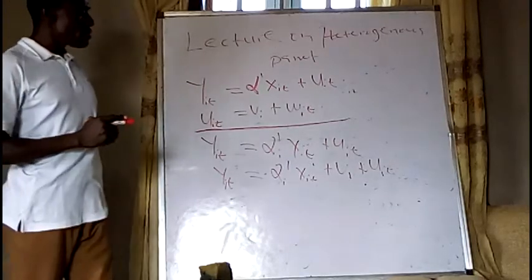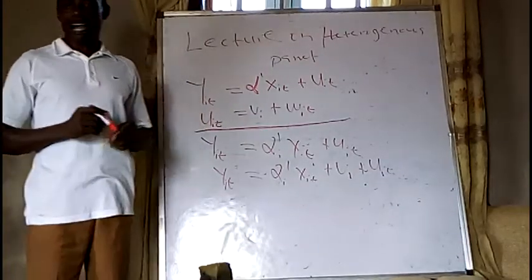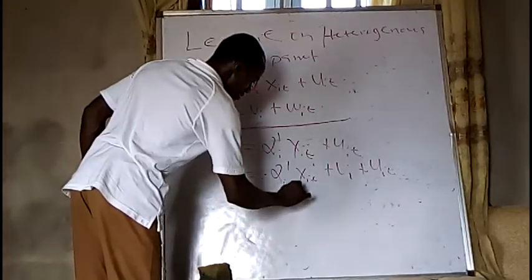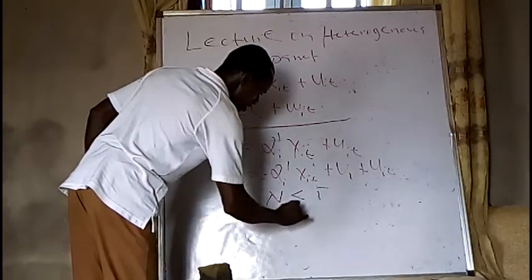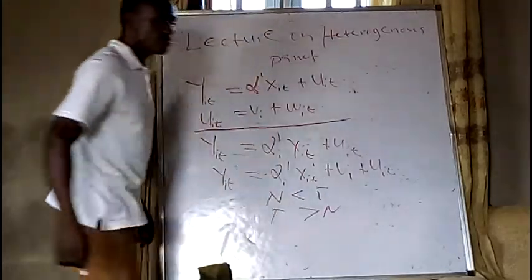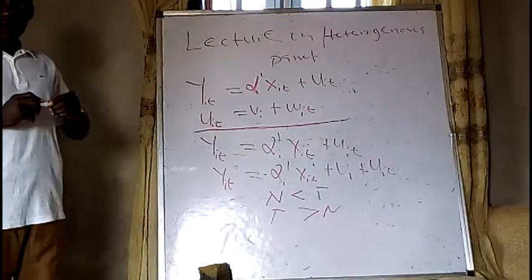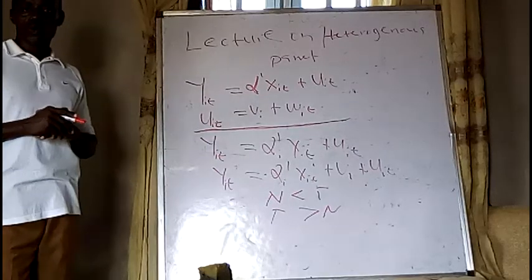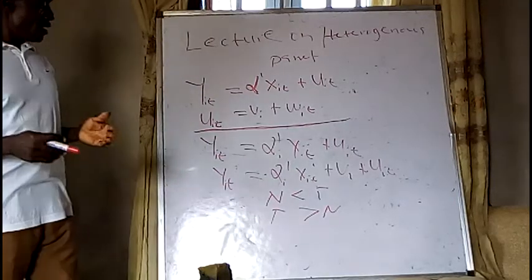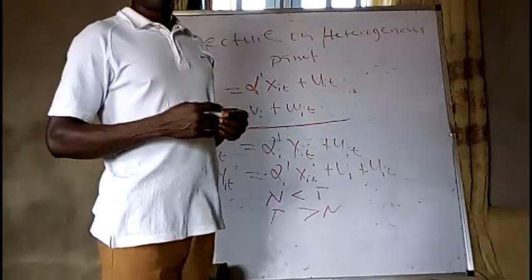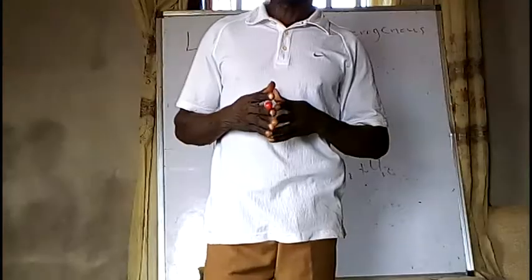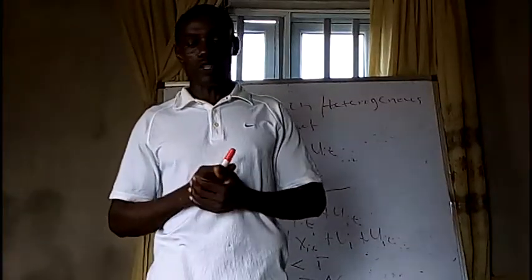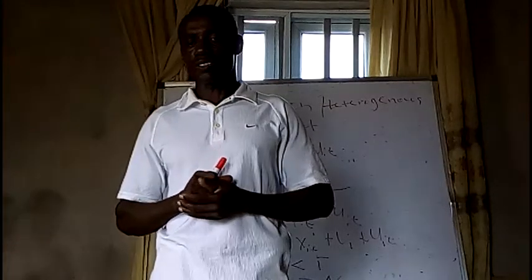And this is very peculiar with long panel, where your n is less than t, where your time dimension, which is t, is larger than your unit dimension, which is n. So basically, in heterogeneous panel, the parameters are not identical across entity. That is the assumption underlying heterogeneous panel.